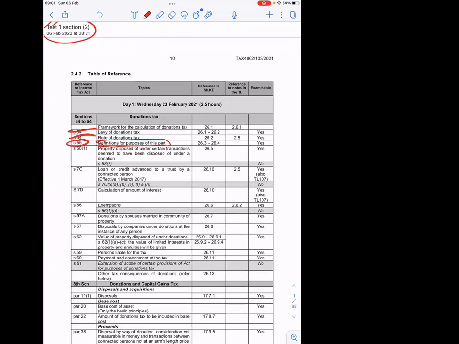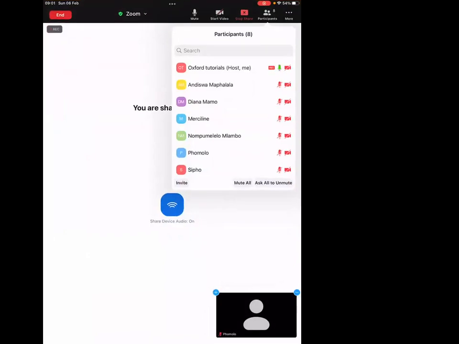So donee, yes, the beneficiary. If I donate something to you, you become the donee. And the person who donated is the donor. They did not define a donor here because it is the same context as the dictionary or day-to-day usage.